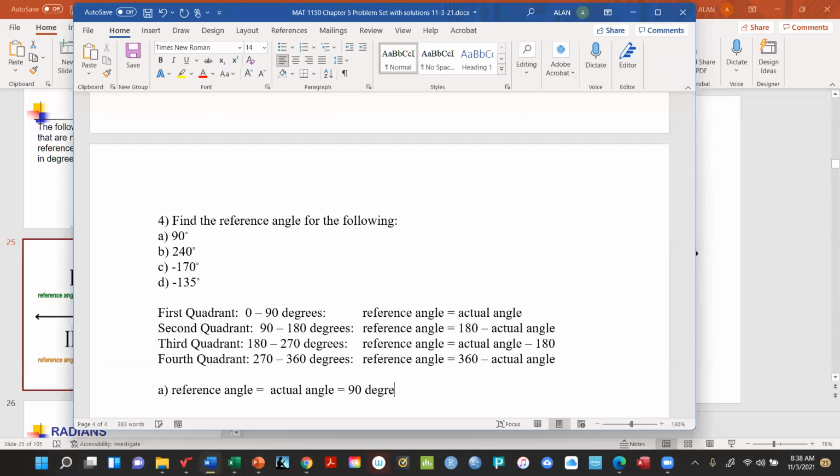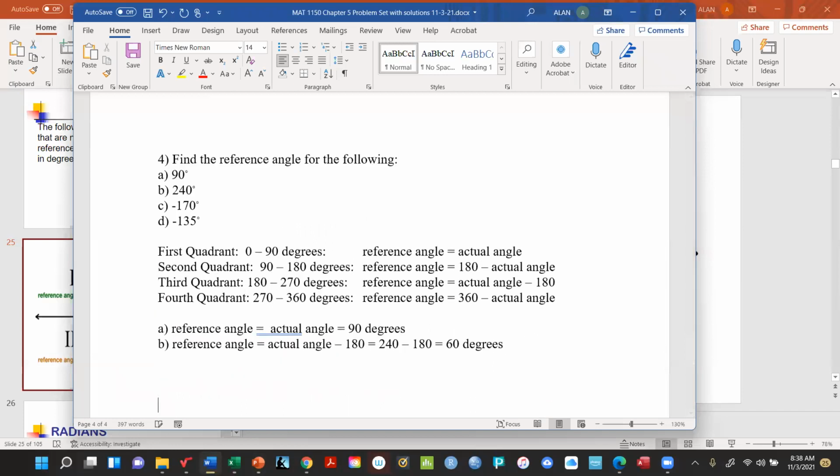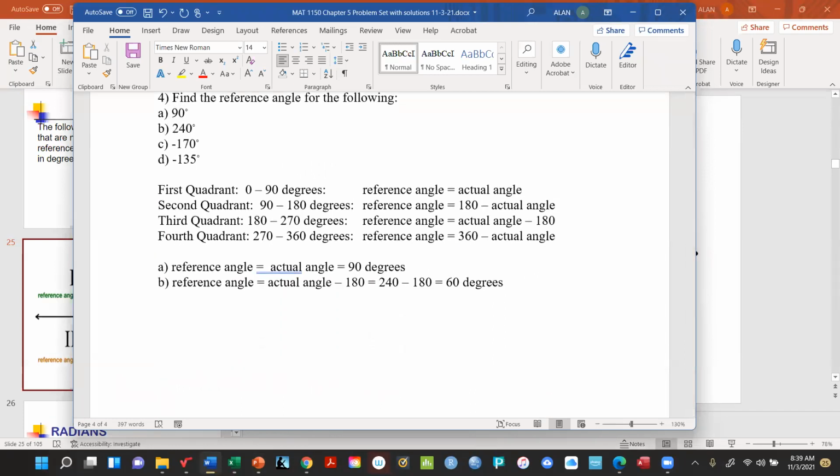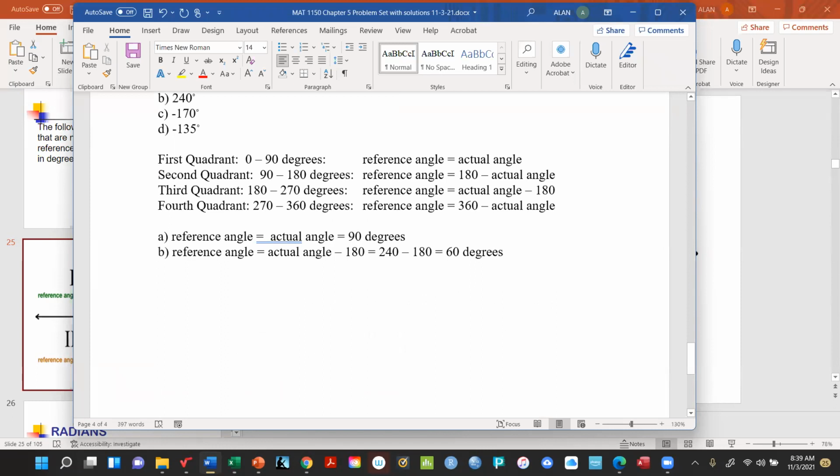Okay. For part B, you're at 240, which means you're in the third quadrant. And the rule for the third quadrant is actual angle minus 180, which means 240 minus 180 equals 60 degrees. Now, if you're not sure, you can draw a diagram.